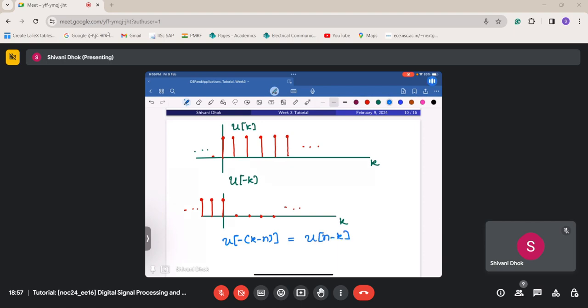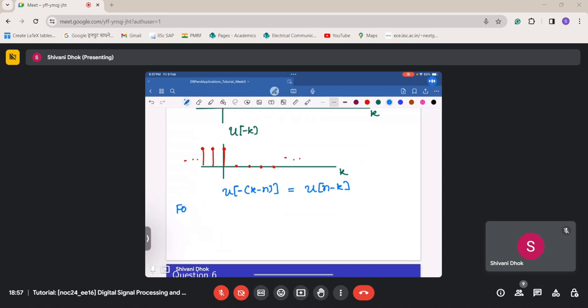Now if my n is negative, then I'll have to shift this like this, and in that case, if I multiply these two signals, then it will be 0. However, if I have my n greater than 0, then in that situation this will be shifted by n like this, and then there will be some overlap.